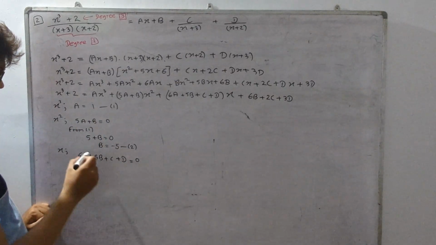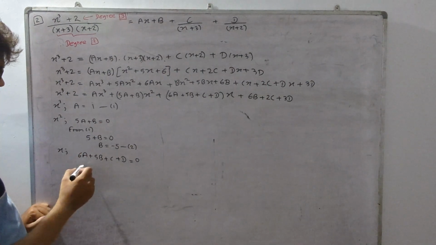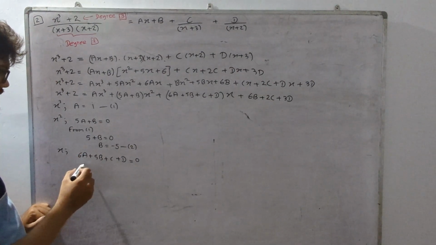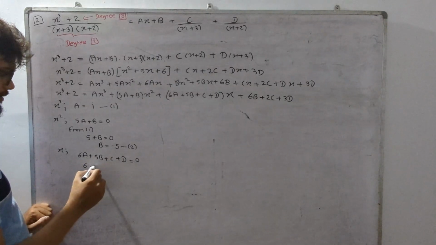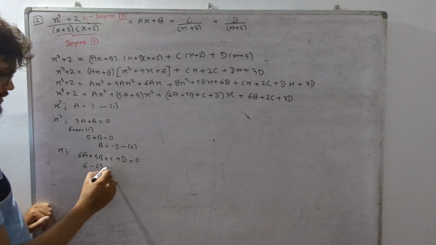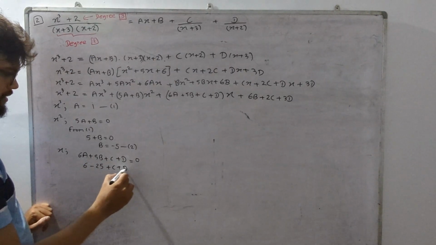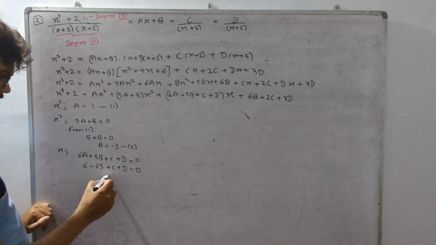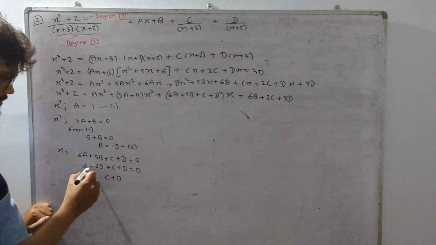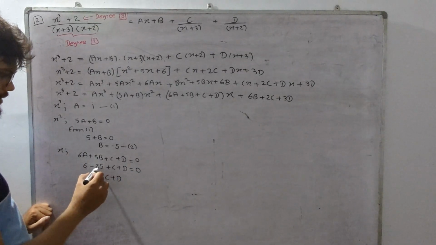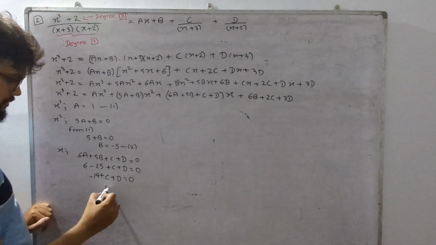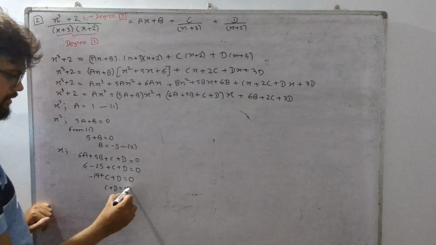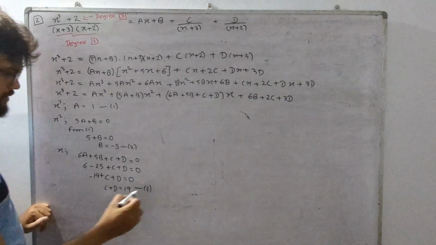So we know both the a and b values. 6 into 1 is 6, minus 5 into 5 equals minus 25, plus c plus d equals 0. c plus d plus 6 minus 25 equals minus 19, so c plus d equals plus 19. This is the third equation.